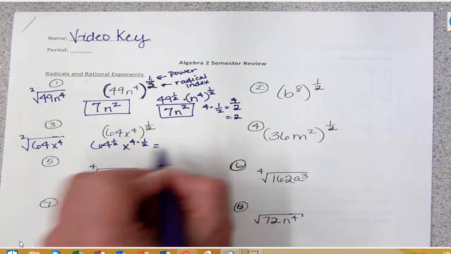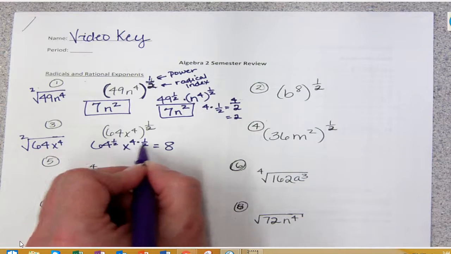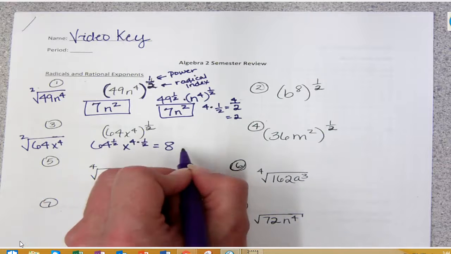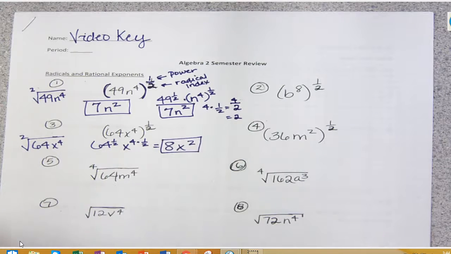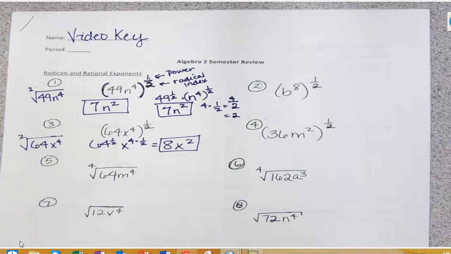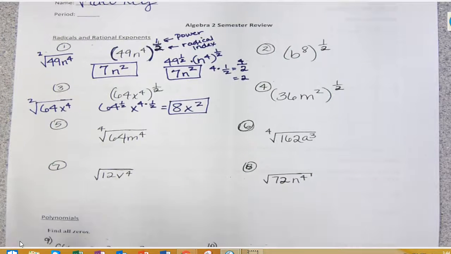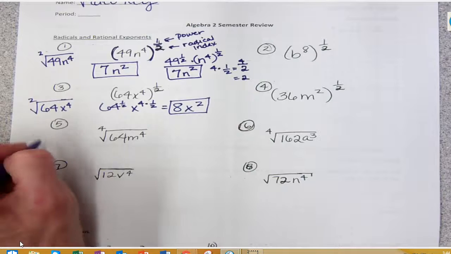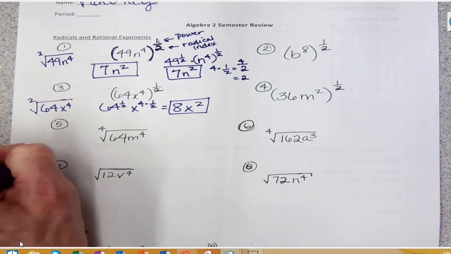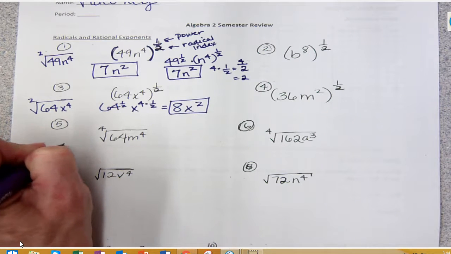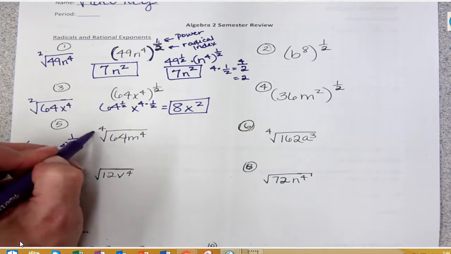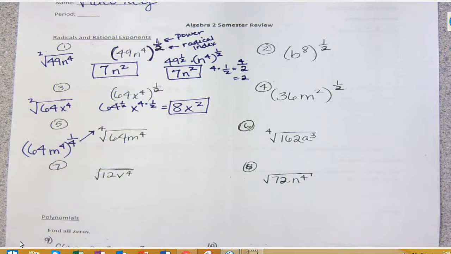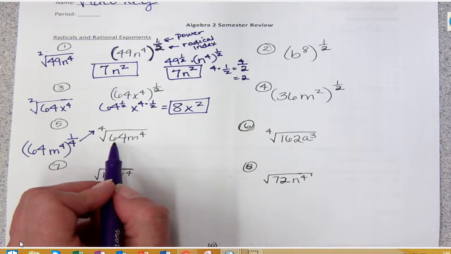So the square root of 64 is 8. 4 times 1/2 is 4 over 2, which is going to be x squared. Okay. Now again, you're simplifying. You could rewrite this as 64 m to the fourth all to the 1/4 power. That's where that comes from.